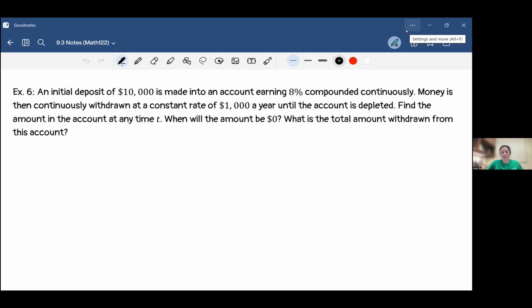So this is a really common kind of scenario where you might have a savings account or an investment account, something that's earning you interest, but even though it's making you money, you're also taking some out, like maybe $1,000 a year to pay for part of your car payments or towards your textbooks and food.